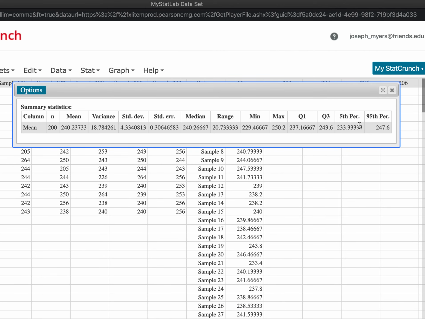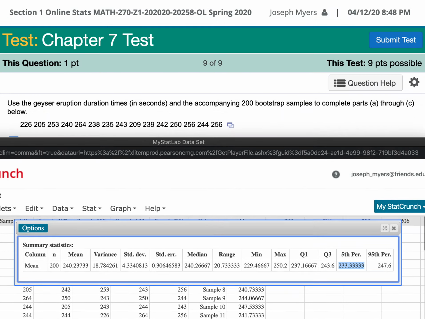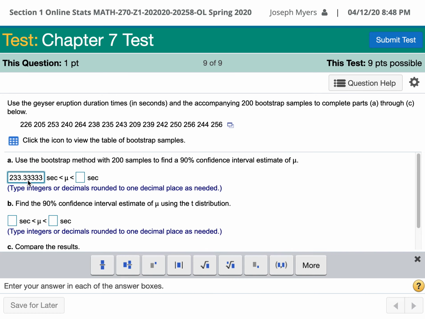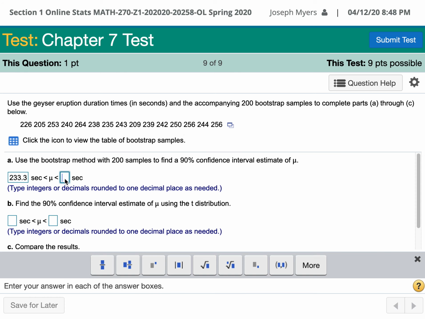And then the 5th percentile is 233.3333. So put that in, rounded off to 233.3. And then your 95th percentile is 247.6. So you put that in as well.